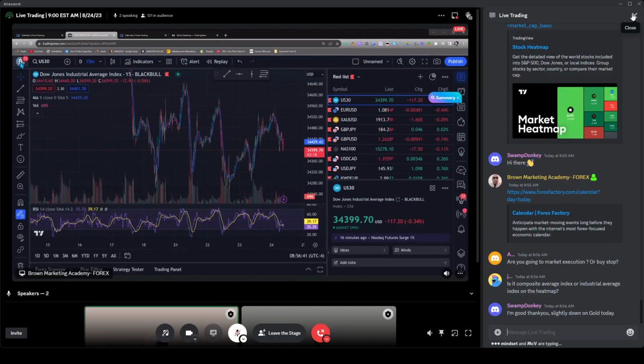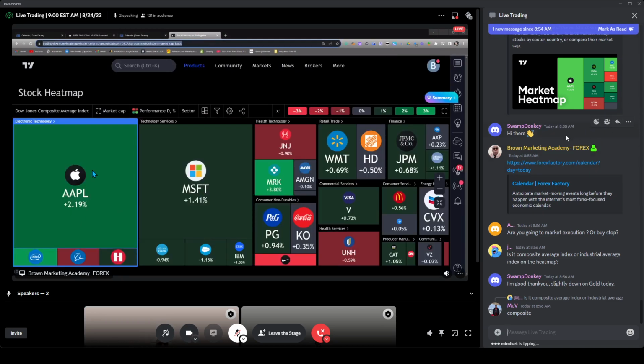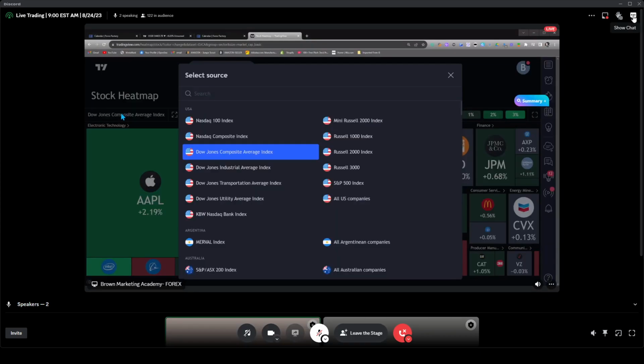For the heat map, it's the Dow Jones Industrial Average Index. So I don't know if you can see. If you go here, it'll say NASDAQ 100, NASDAQ Composite Index, Dow Jones Composite Average Index. That's what you want to be on.